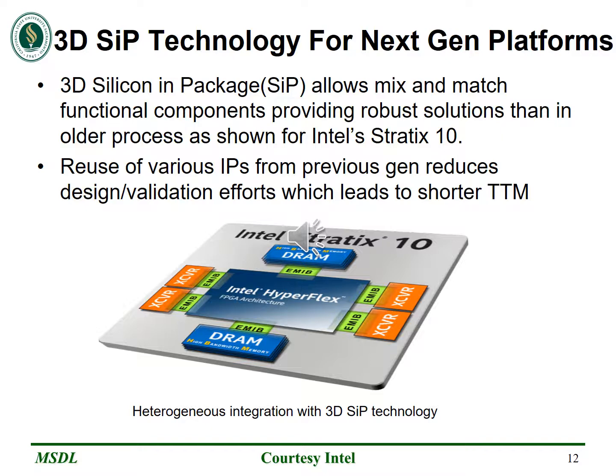So here in the picture we can see how the XCVR, that is transceiver, and DRAM are connected with the EMIB. The figure shown here is the Intel Stratix 10 FPGA, which has discrete modules packaged onto a single chip using EMIB heterogeneous package technology.